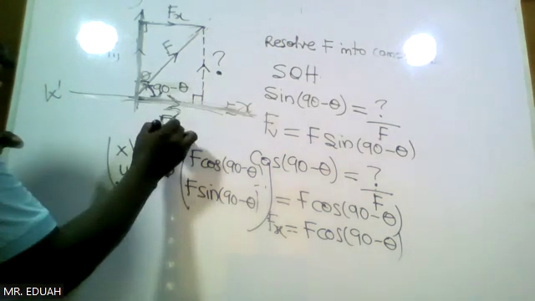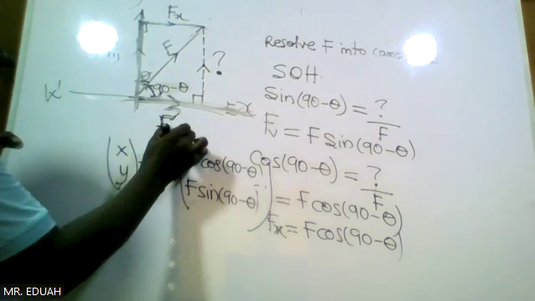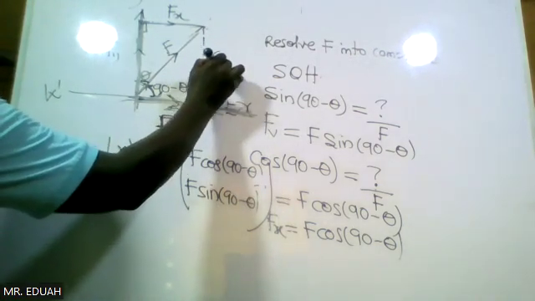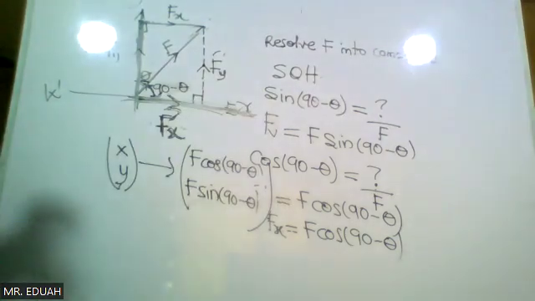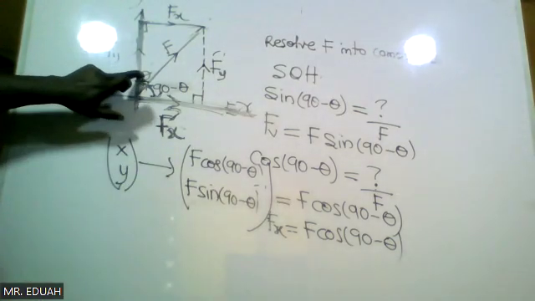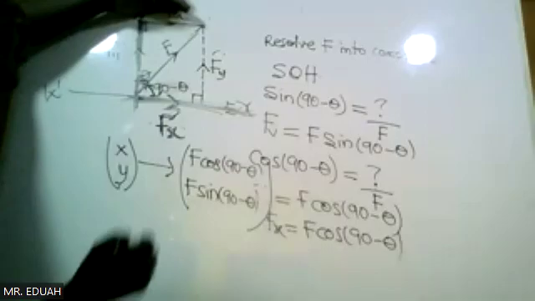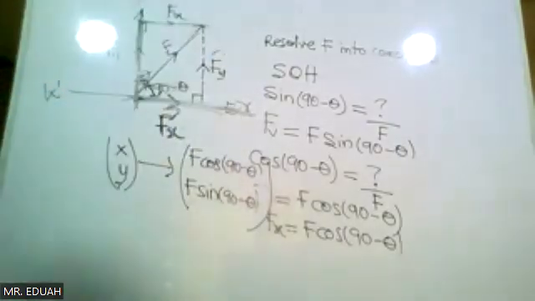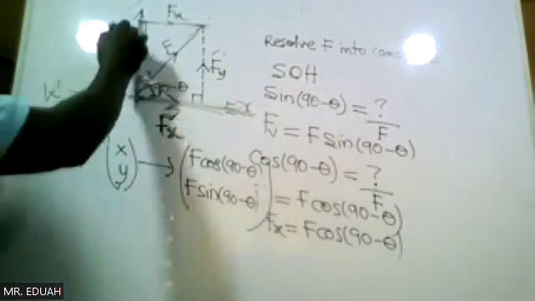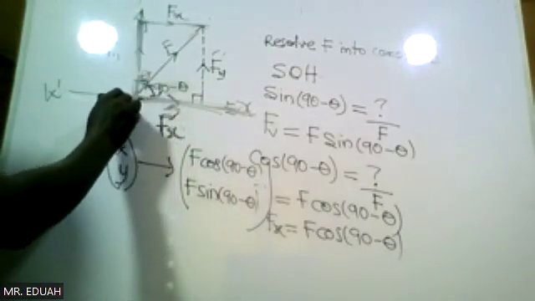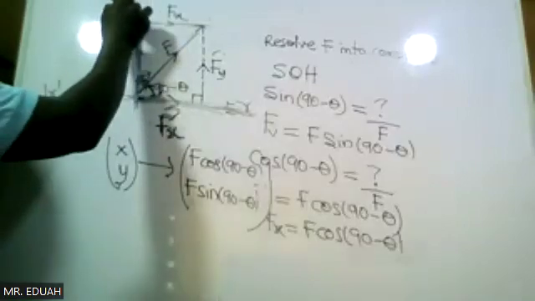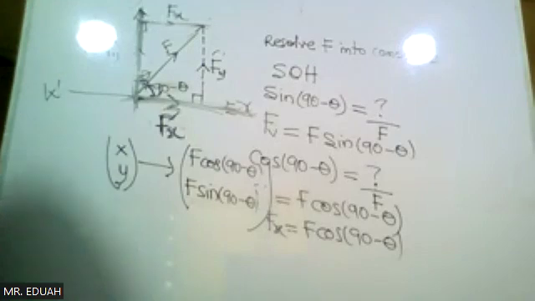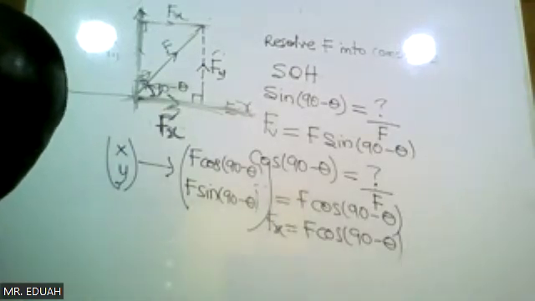This side is Fx, horizontal, meaning this side too is Fy, the vertical. Now to the angle theta, this is the opposite, but because it lies within the x-axis, we also call it Fx. And this is the horizontal, but it can be read within the vertical y-axis, so Fy.